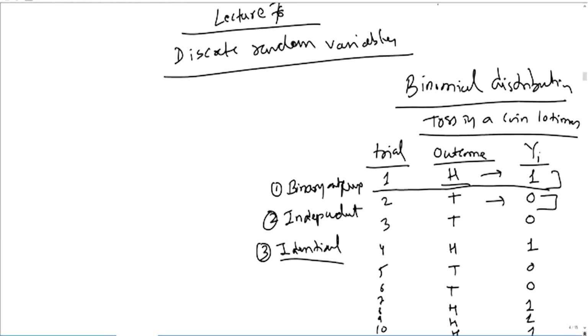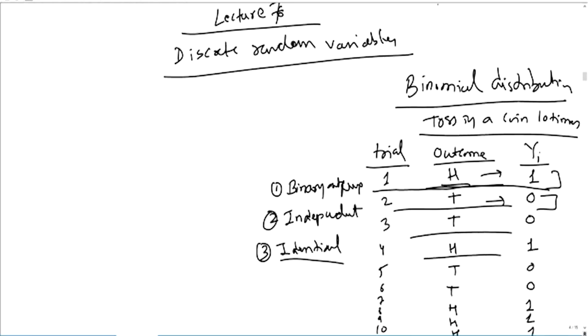Because it's the same coin and you're following the same process. What is the process? You're tossing it randomly, and it is going to give you either heads or tails. The coin is the same, that means the underlying probability of obtaining heads is the same. So it is called the identical property. All these, the underlying generative process in each of these trials, is the same.